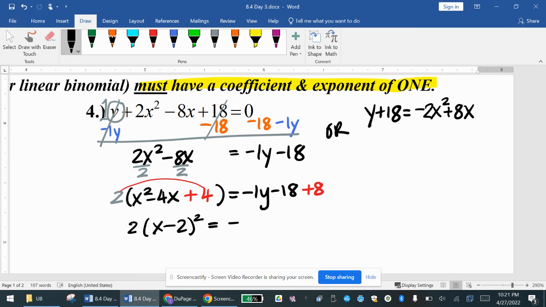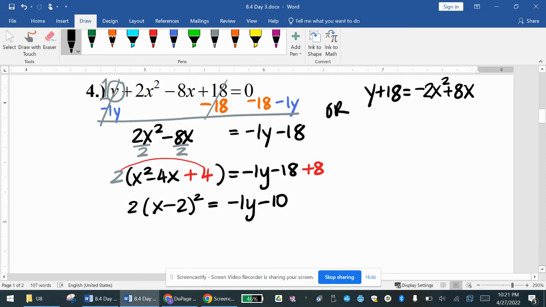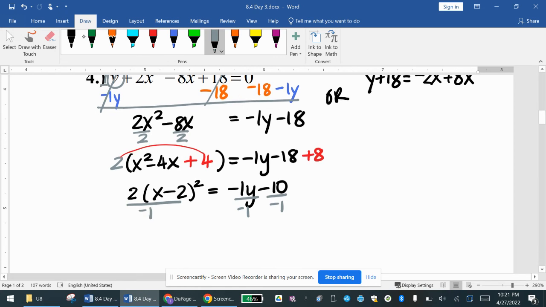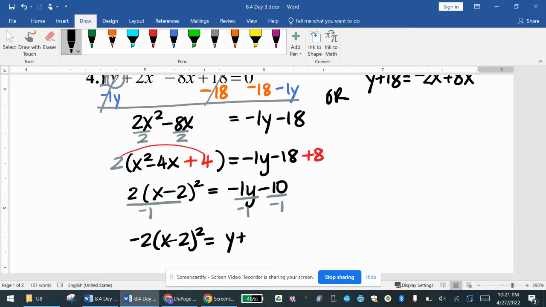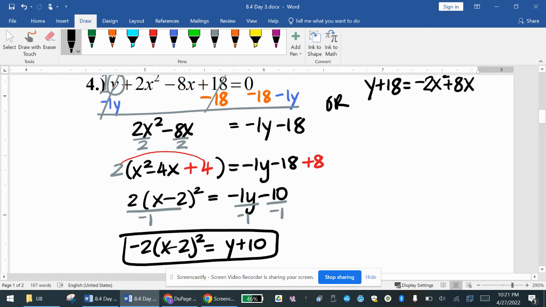And then the last step would be to divide by negative 1 so that the leading coefficient is a 1. So you get negative 2 times x minus 2 quantity squared equals y plus 10. You get the exact same thing if you did it the other way.